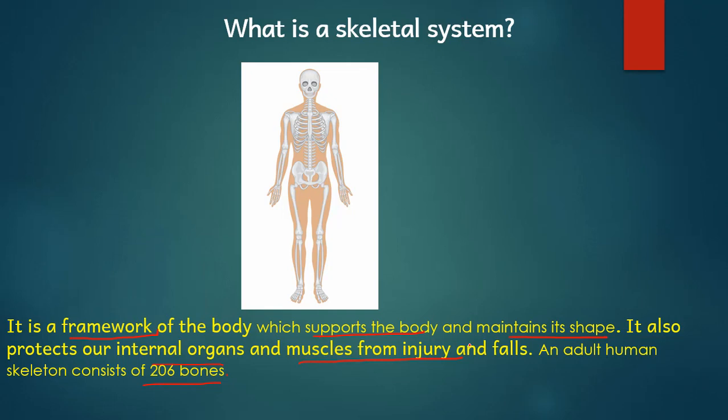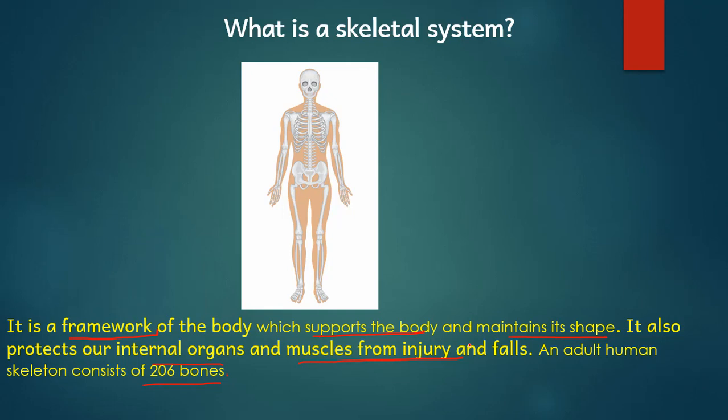In the same way, you can compare the frame to the internal organs of our body like liver, kidney, heart, etc. Whenever we fall, or whenever we have any kind of injury to our body, there are chances that we can damage our delicate organs. Hence, to protect and support them, you have a hard structure present, that is the skeletal system, right?